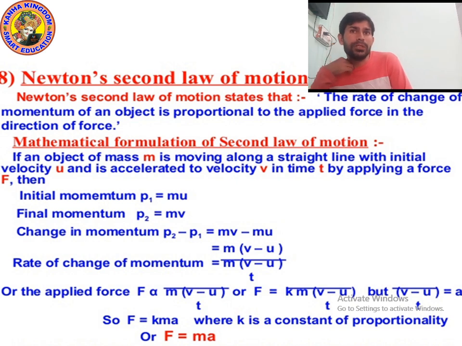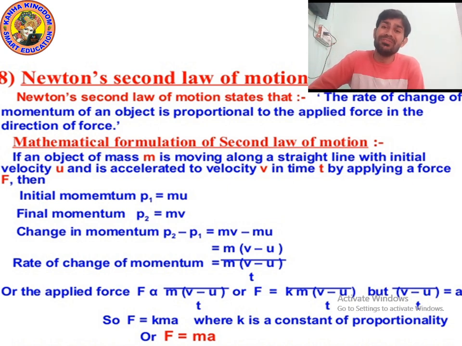And because according to second law of motion it is rate of change in momentum, whenever we talk about rate, we always divide by time, because the velocity is changing in some time. So the time is t. So the rate of change of momentum will be equal to m into (v minus u) divided by t.